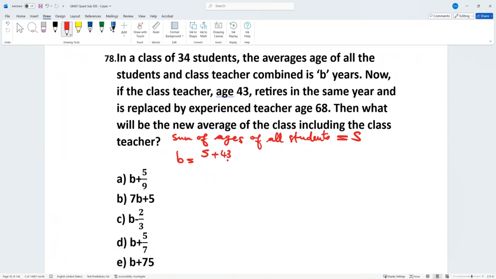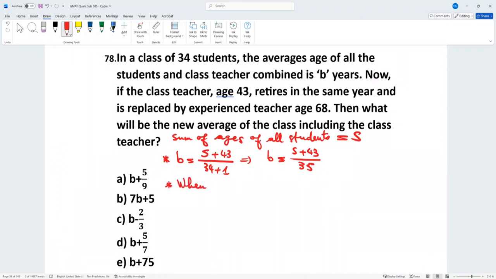So B is going to be equal to the sum of all the ages of the students plus the age of the teacher, divided by 34 students plus 1 teacher. So B is equal to S plus 43 over 35. So that's the first thing that we can know for sure.